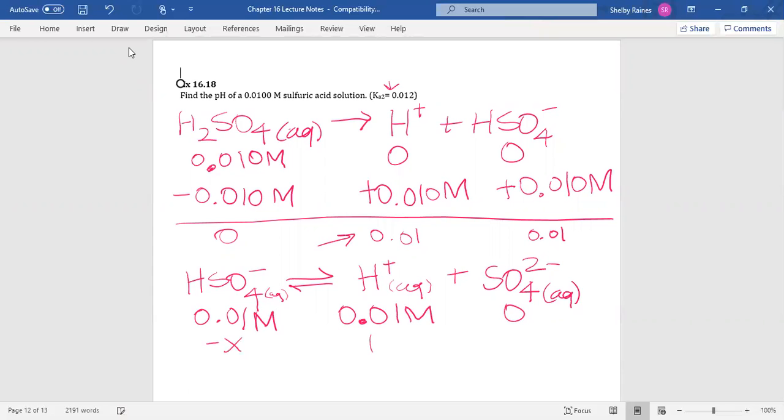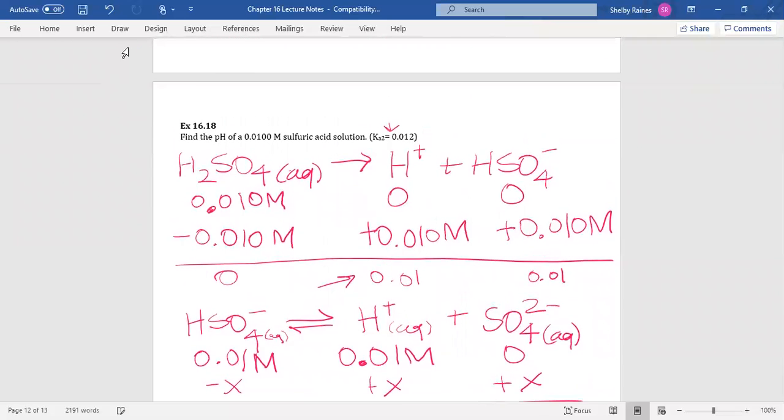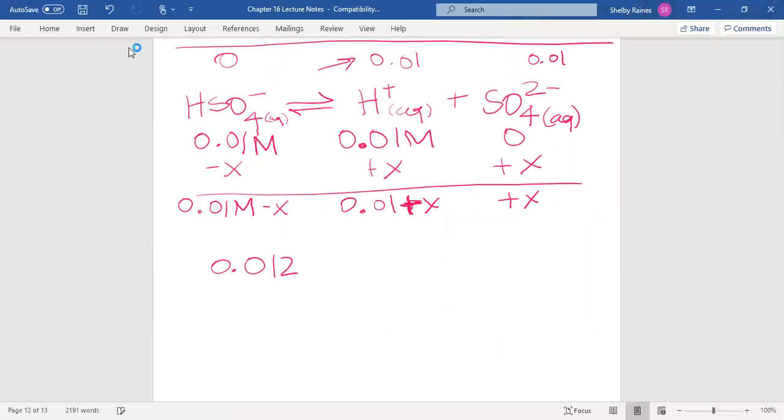So I do minus X, plus X, plus X. 0.01 minus X, 0.01 plus X. Okay, so now let's get our Ka2, which was 0.012 equals 0.01 plus X times X over 0.01 minus X. We cannot use the approximation here because our Ka2 is not very small.